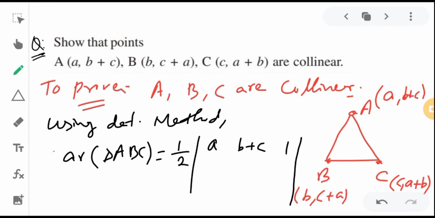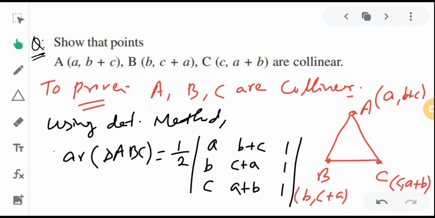You have to just memorize that formula. Then x2, y2 means B and C plus A, so the second row is B, C plus A, 1. And then x3, y3 is C, A plus B, so the third row is C, A plus B, 1.